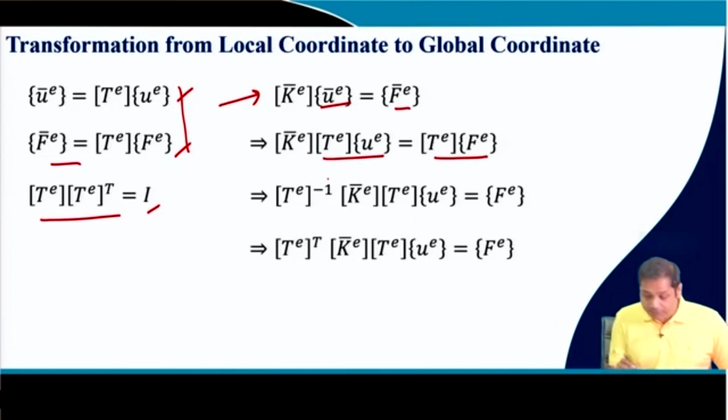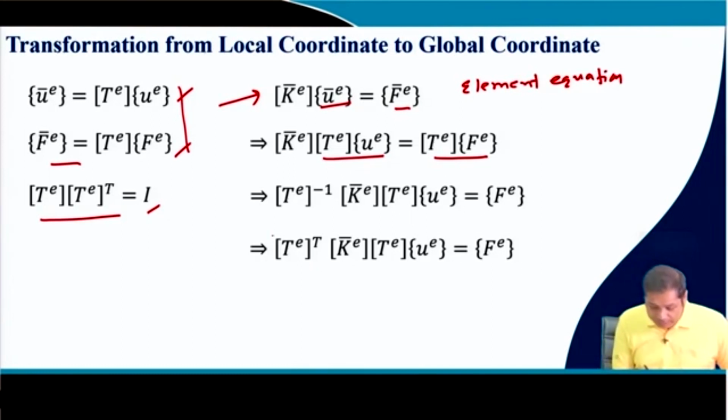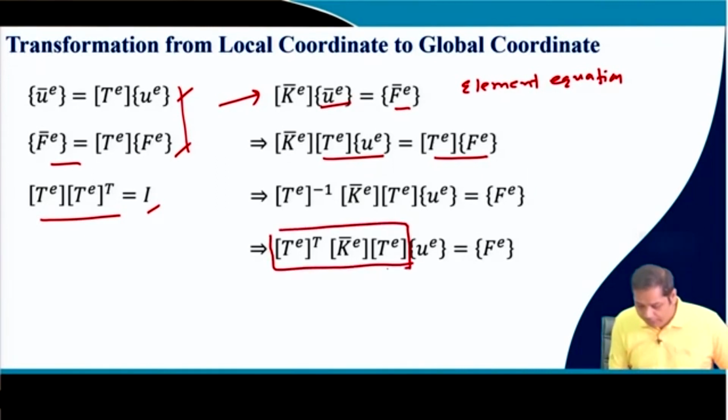Now look at this. This was the local equation, the element equation. Now we have this equation. This is some measure of stiffness, this is the displacement written in the global coordinate system, and this is the force written in the global coordinate system.